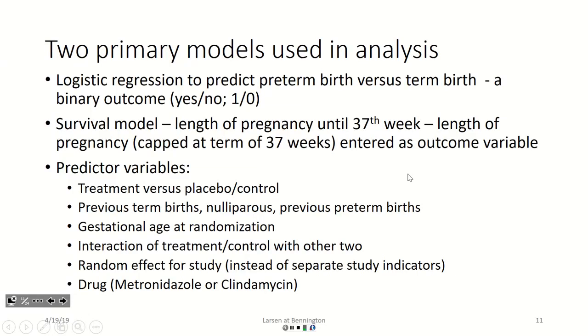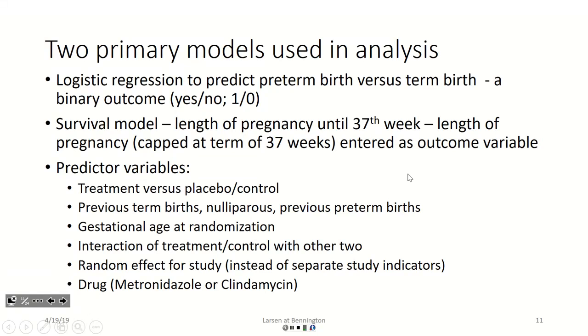Right? And we primarily used logistic regression to predict preterm versus term birth. Right? So is it preterm or not? One being preterm. There's also a survival model, which would be an enhanced model, that says what's the probability that a result happens after a certain period of time.